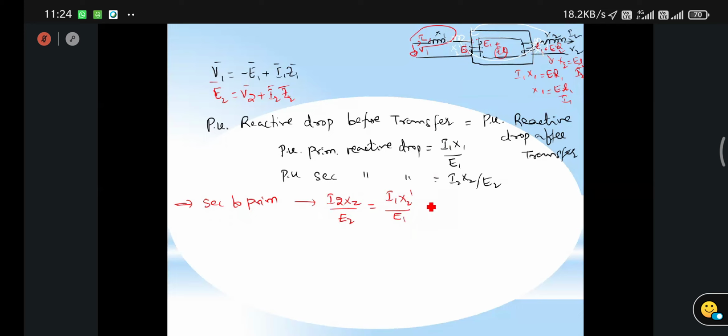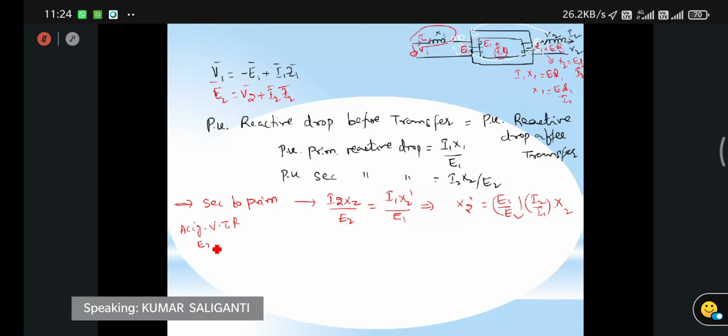So from this, x2 dash is equal to E1 by E2 into I2 by I1 into x2, according to the voltage transformation ratio.